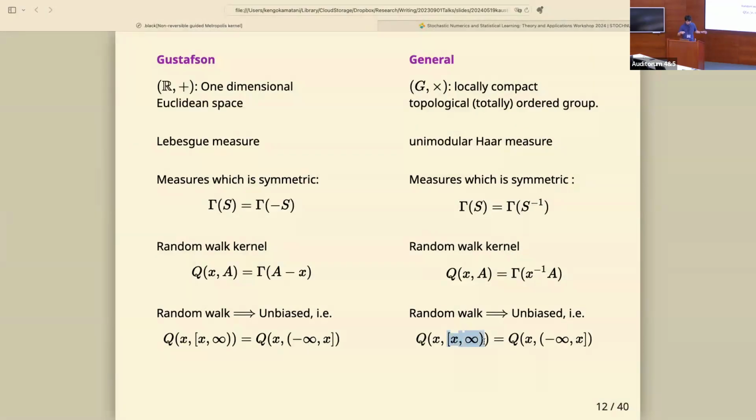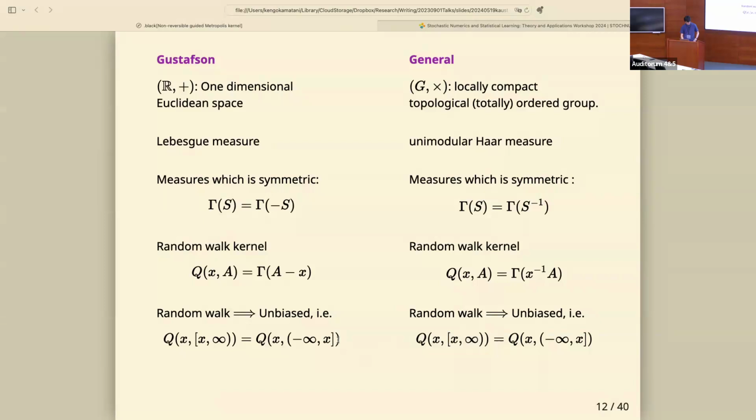This set means all elements which are bigger than X in this order topology, and the same one is all elements which are smaller than X in this topology. Since this state space is totally ordered, any sets can be compared. So this is just a set based on the order.